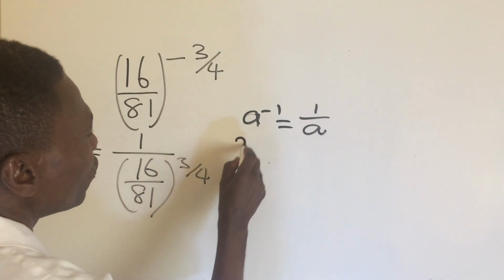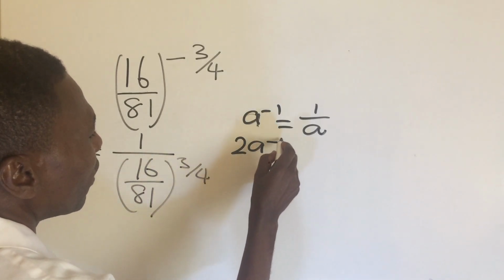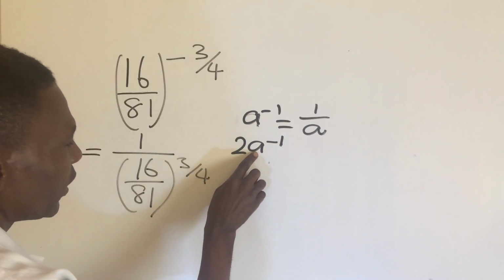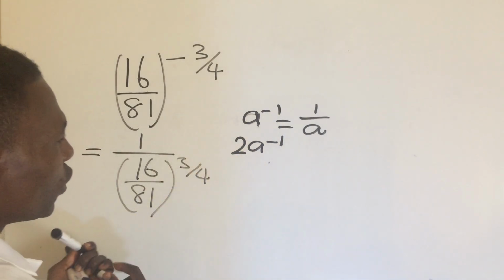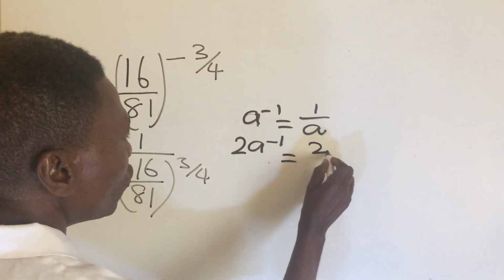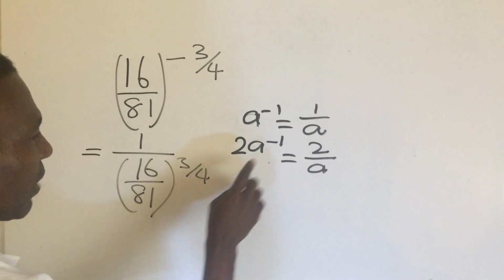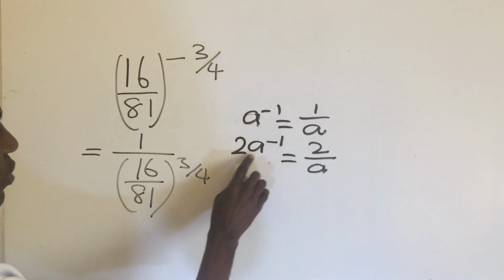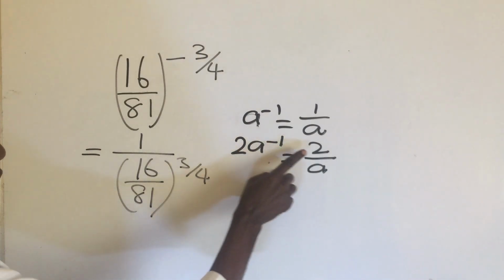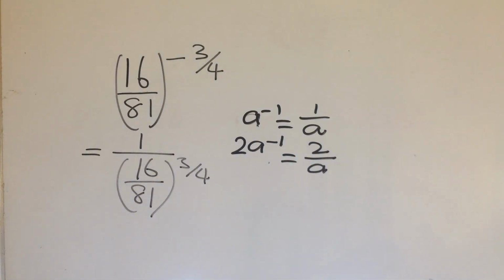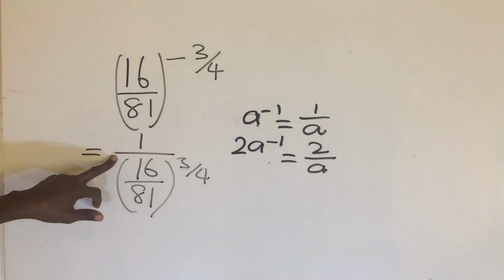When you have 2a raised to power minus 1, the coefficient of a here is 2, so it will now be 2 all over a. So this minus sign has the power to lift this coefficient of a up to be 2 all over a. That was what happened here.